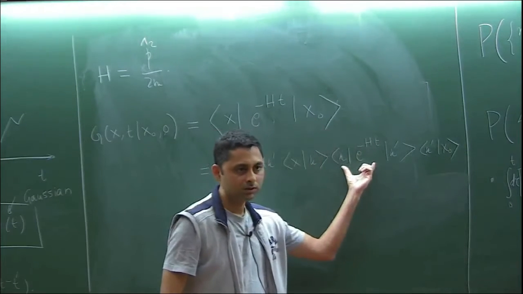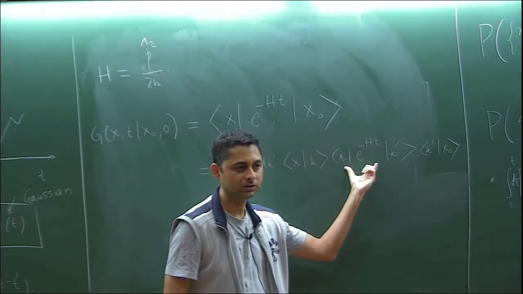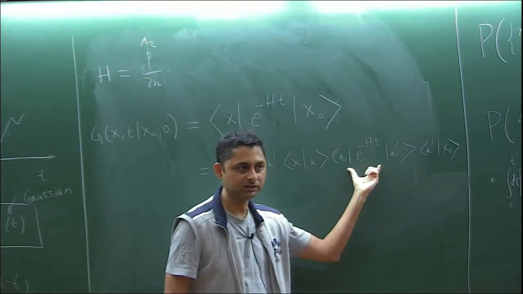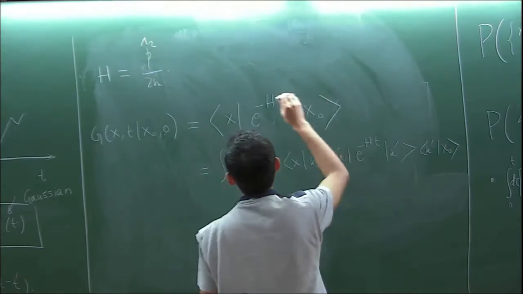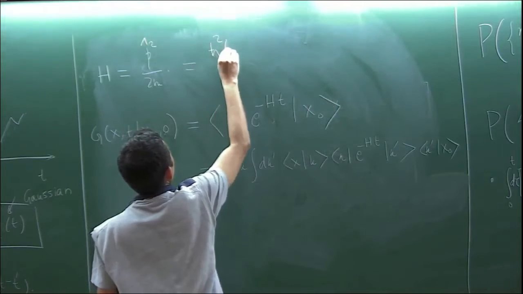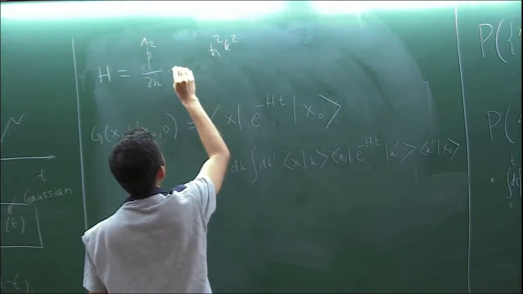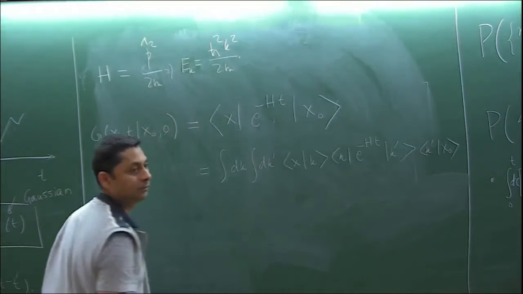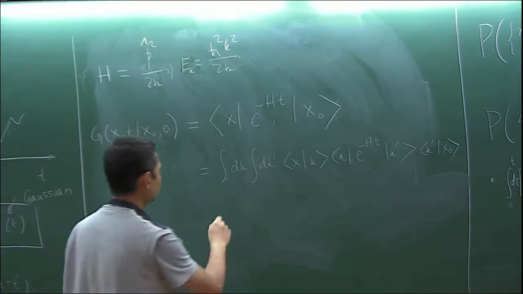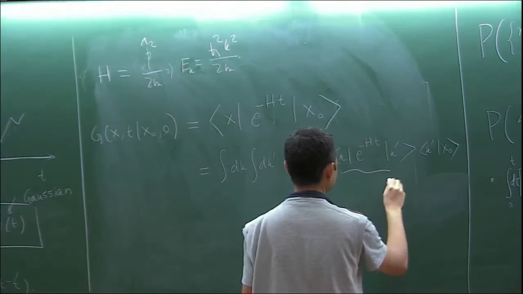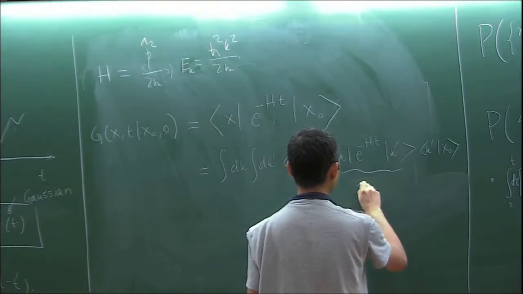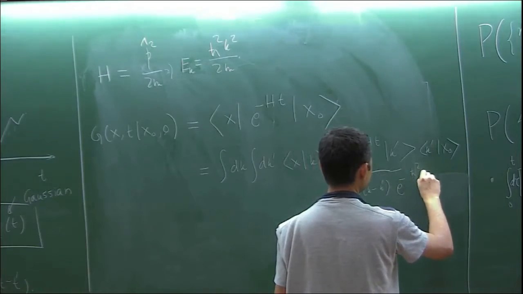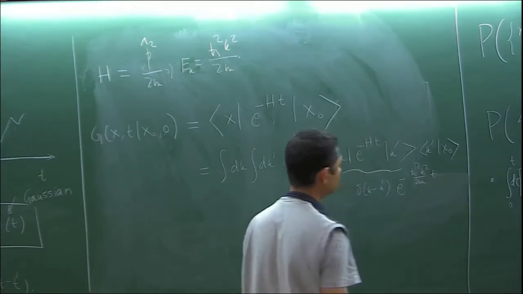What is this element? This is diagonal now in the energy basis. So H is just h cross square, E_k is h cross square k square by 2m, right? So this is delta k minus k prime e to the power minus h cross square k square by 2m t.